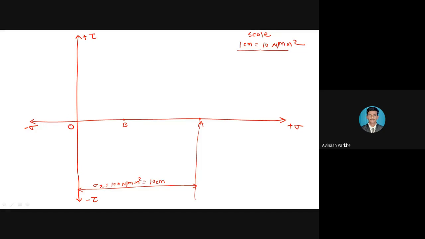So from this origin point O, take 4 centimeter distance at the right side and locate the point B. So this is sigma y is equal to 40 Newton per mm square is equal to 4 centimeter. Okay. So this is the location of point A and the location of point B. So the distance between point A and B. What is the distance between point A and B?